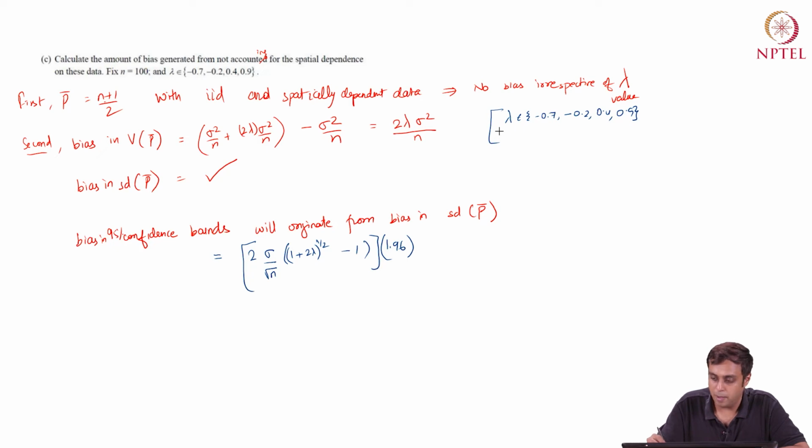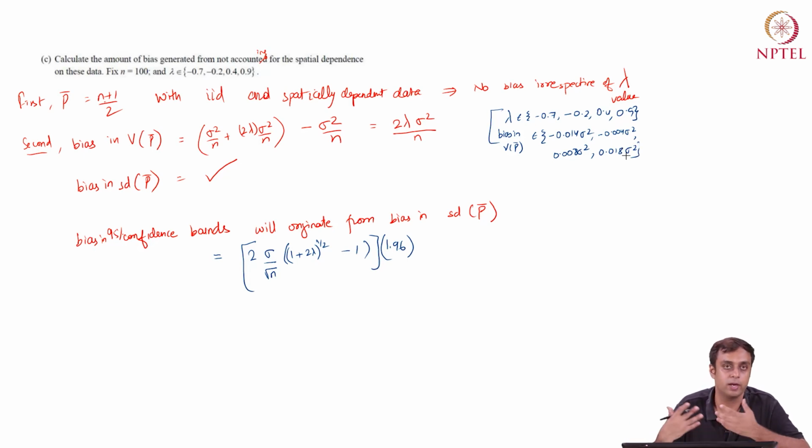And the bias in variance of p bar will be correspondingly minus 0.014 sigma squared, minus 0.004 sigma squared, 0.008 sigma squared and 0.018 sigma squared. So I am writing the corresponding bias values. You can go back and check in your own time.